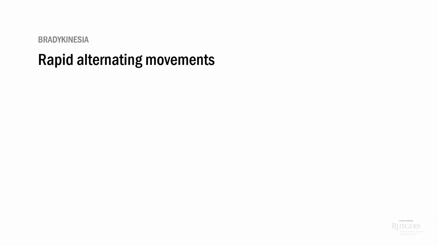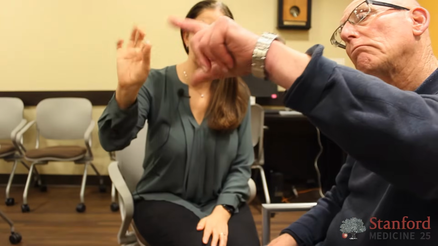Next, let's use rapid alternating movements to assess for bradykinesia. Remember from the last section that bradykinesia is the most significant feature of Parkinsonism. For the upper extremity, the tests are finger tapping, which is the most sensitive. Good, let's try the other hand.